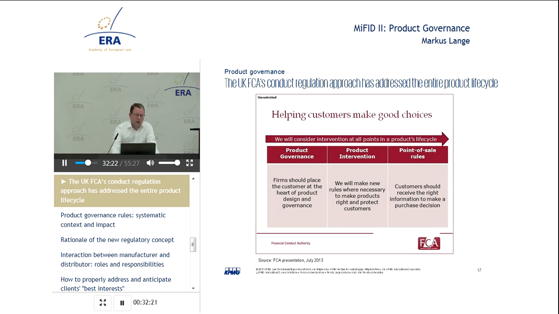And another thing, a final word on this slide as regards the FCA, and this is what Andrew and I were discussing. He said, look, from the FCA's perspective, and please correct me if you know it differently from your country or elsewhere, the FCA was possibly the first national competent authority in Europe which brought forward the idea of product governance.